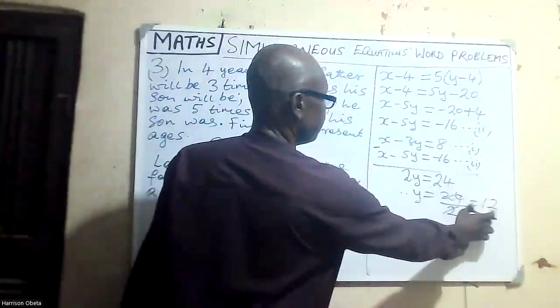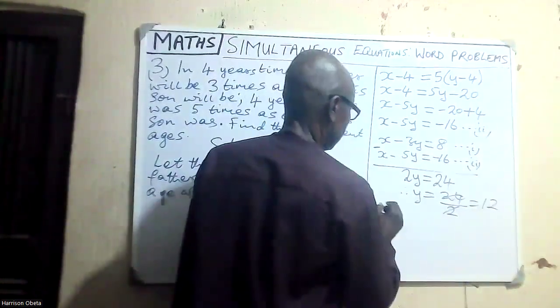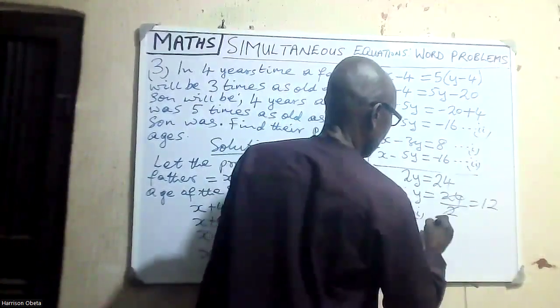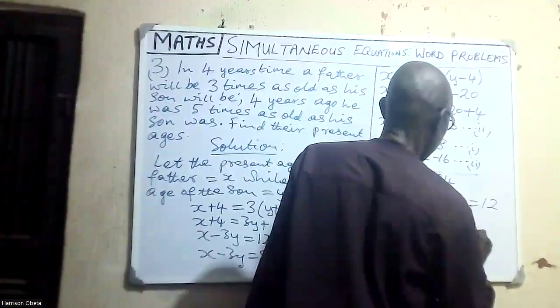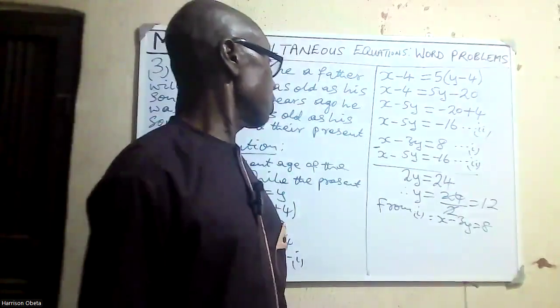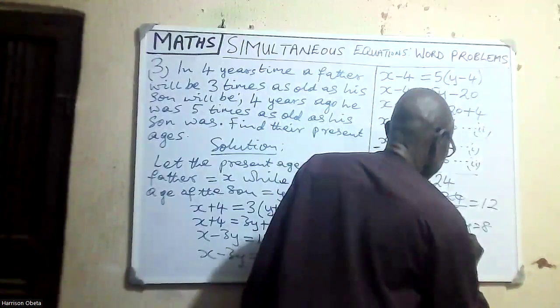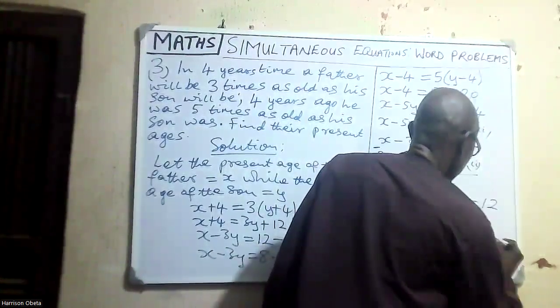Okay, from here, we now substitute. So we can continue from equation 1. You know that x minus 3y is equal to 8. Now we are having our y to be 12. We substitute. That will give us x minus 3 bracket 12 equal to 8.